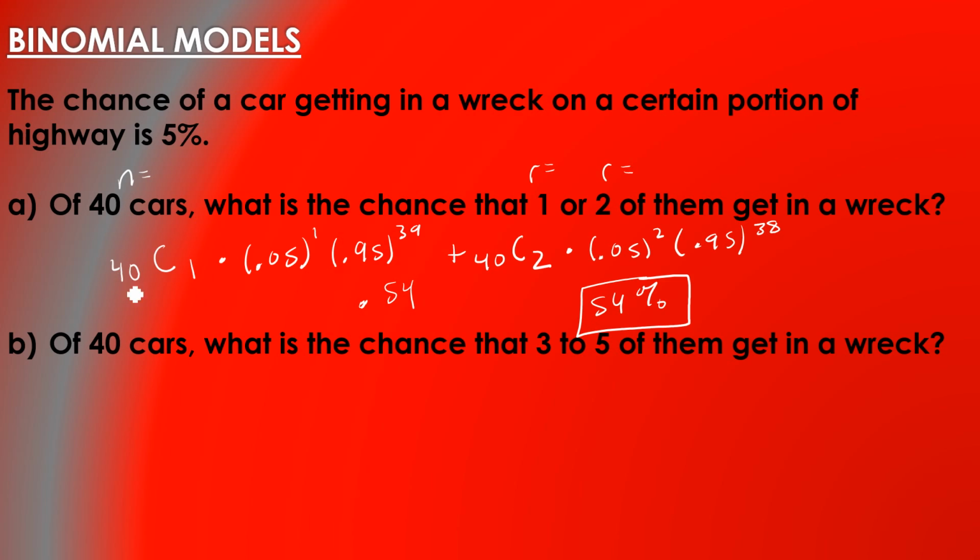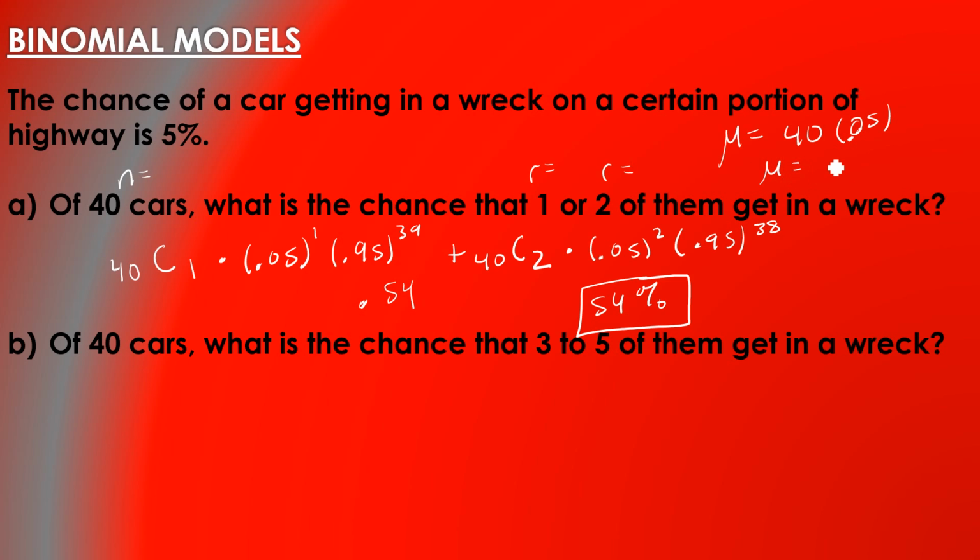Well, we get 40 tries, so let's see. I did not ask for the expected value, but let's see. What's my mean? So 40 times our chance is 0.05.